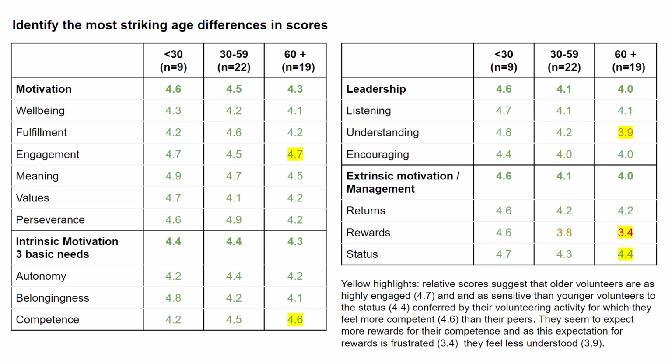So very often, the more competent we feel, the more we want to be rewarded for our competence. We think our contribution is more valuable, therefore it needs to be recognized. And in this case, the expectation for rewards is frustrated. So that's this number here. It's frustrated, and probably as a consequence, they feel less understood.